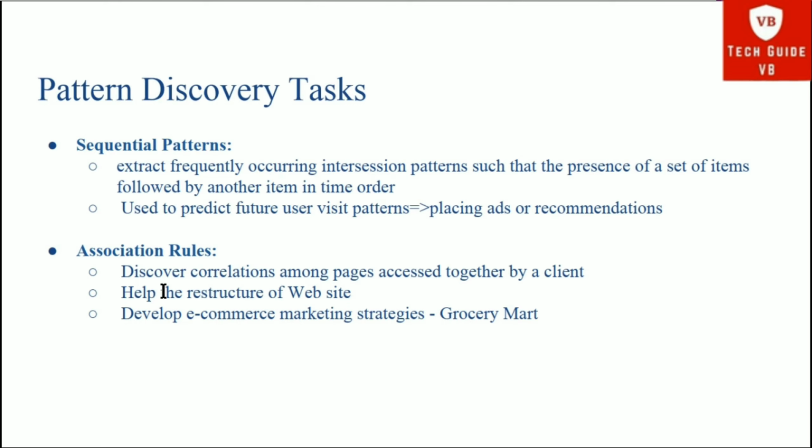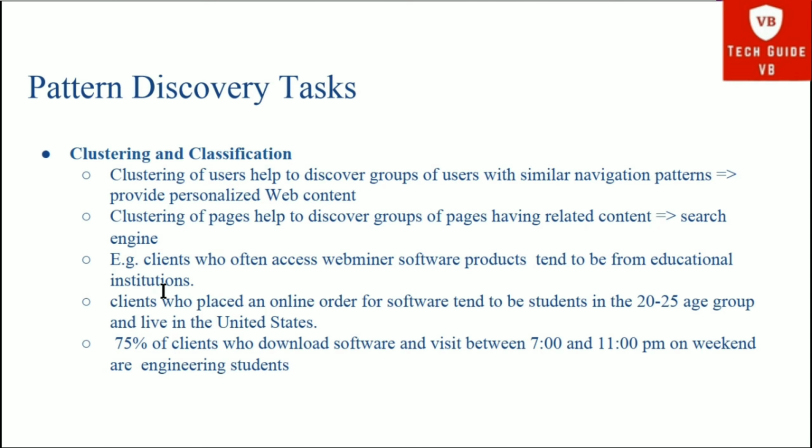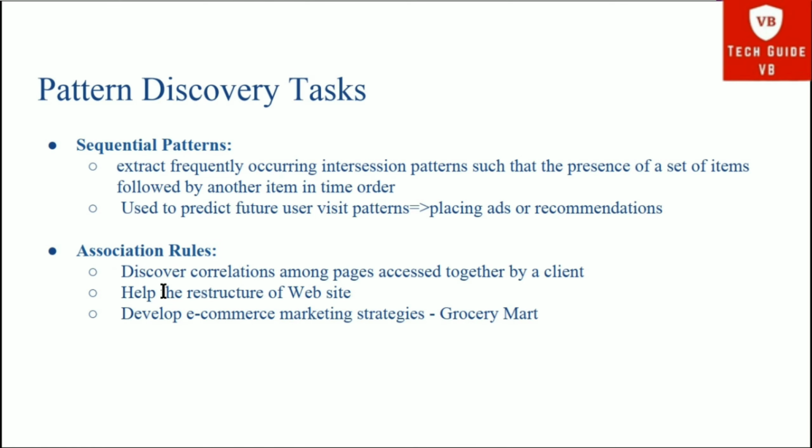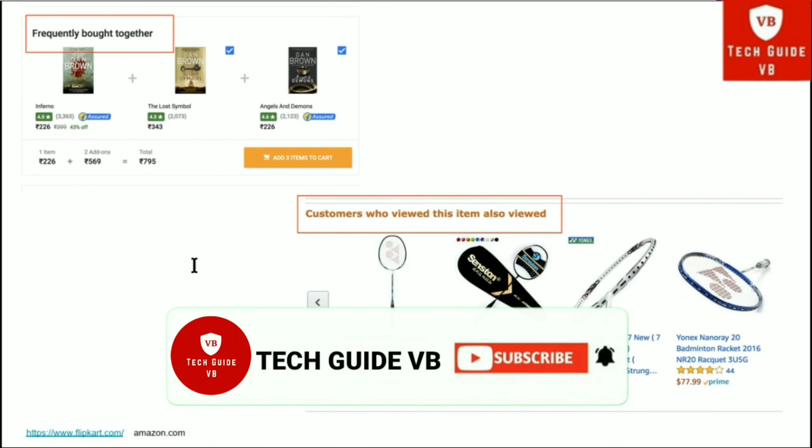Then the association rules, which discover correlations among pages accessed together by a client, and help in the restructuring of a website and developing e-commerce marketing strategies, for example, a grocery mart. So this is the association rule in pattern discovery. As we can say, clustering and classification, sequential patterns, and association rules, these tasks are done in pattern discovery.